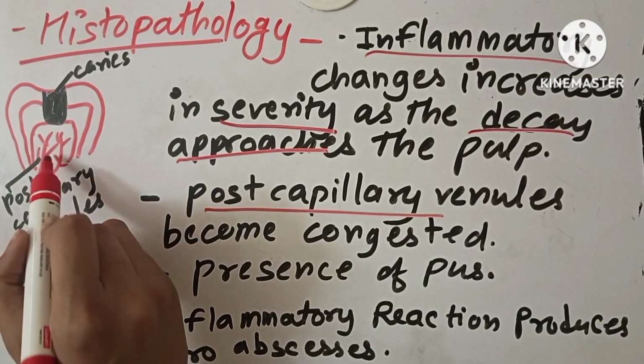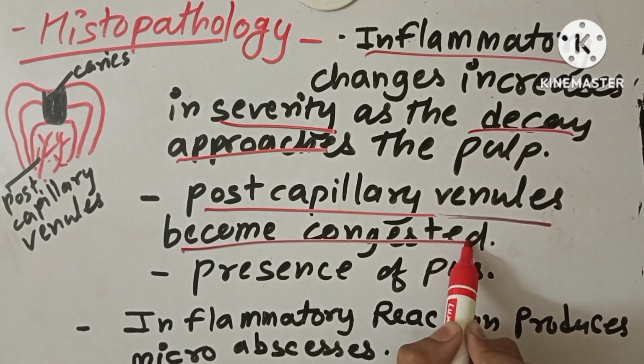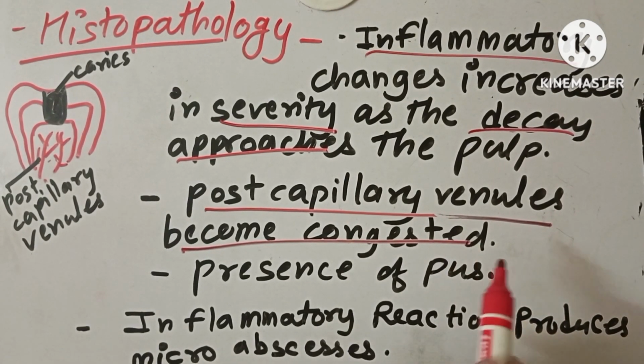These are the post-capillary venules. Post-capillary venules become congested, and when they are congested, it affects the circulation of the pulp.